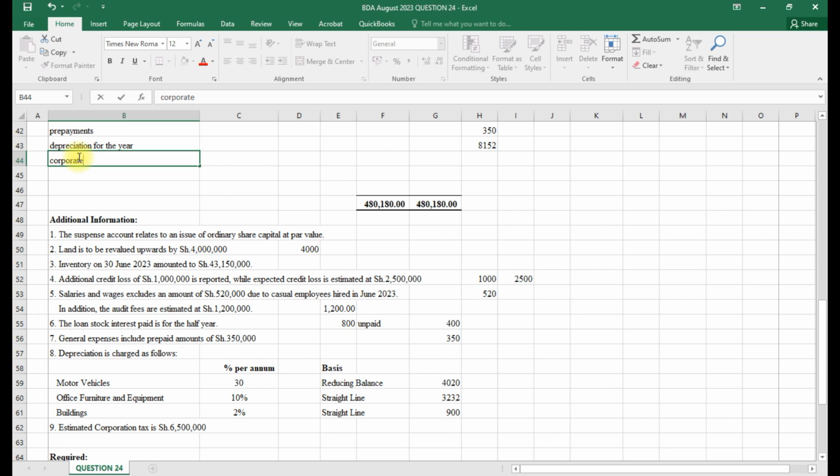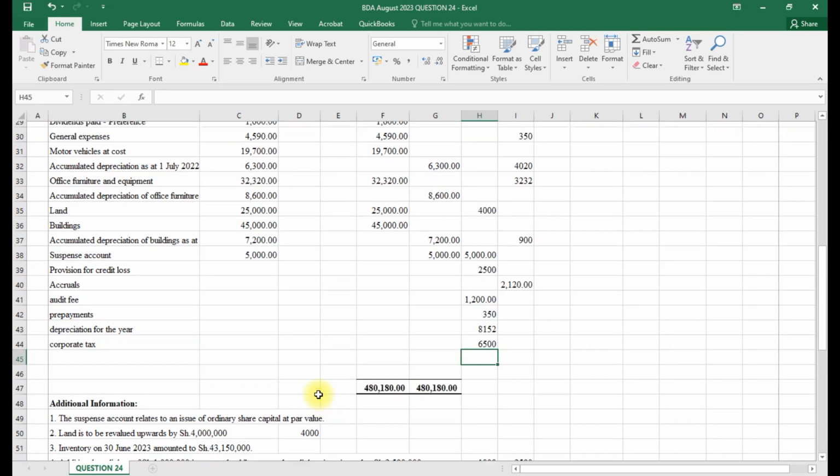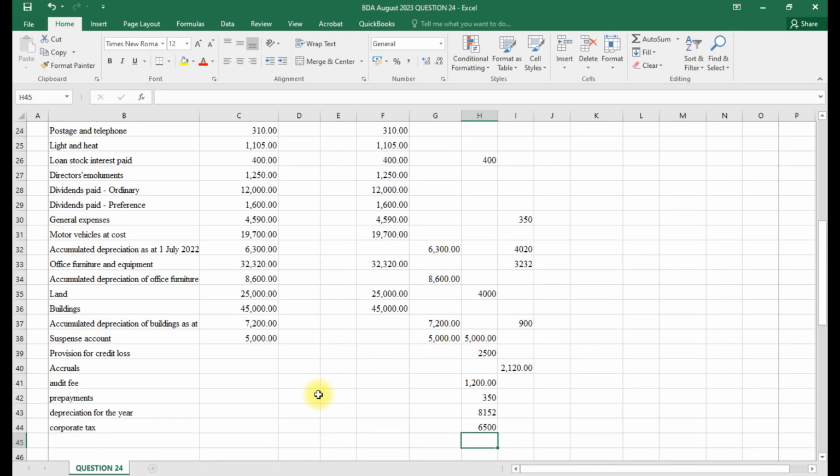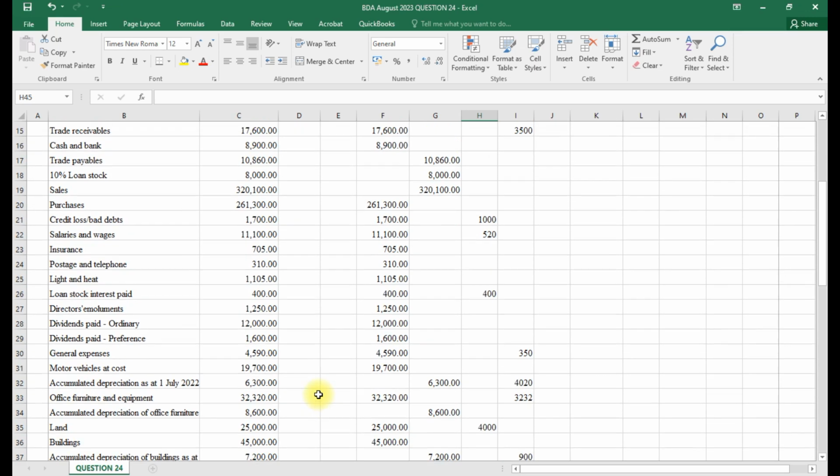Corporate tax, or tax for the year, it will be an expense for this particular year, even if it's yet to be paid. 6,500 here, 6,500, and it will form part of our accruals because we did not have the tax.